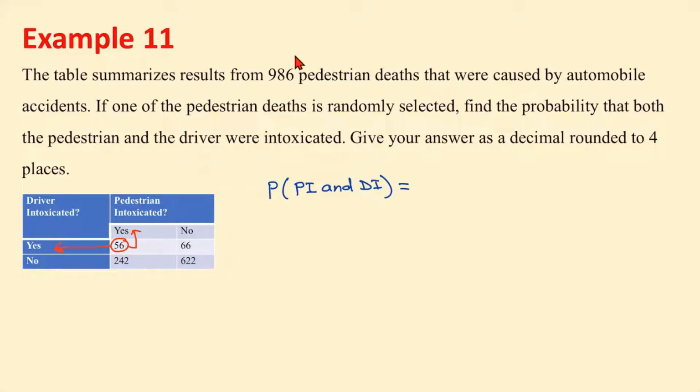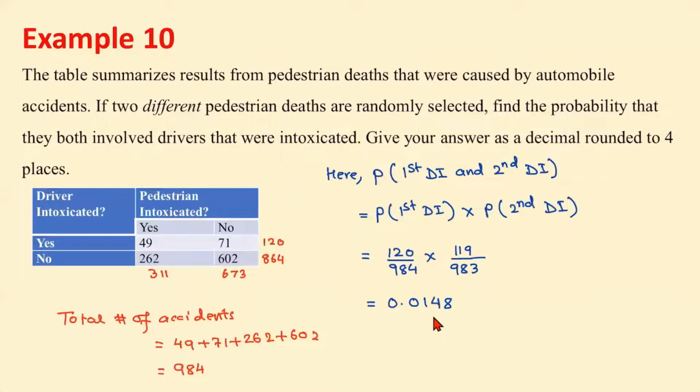And this is out of 986. So that means the probability is quite simple here. This is equal to 56 out of 986, which will be simply equal to 0.0568.